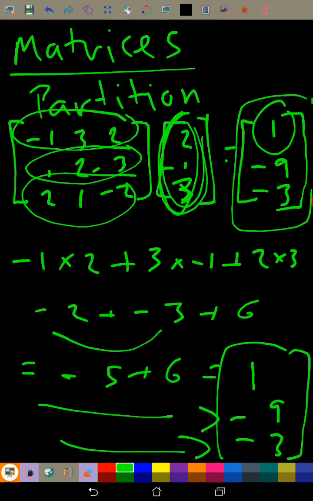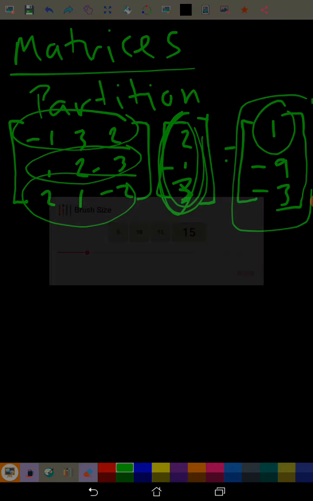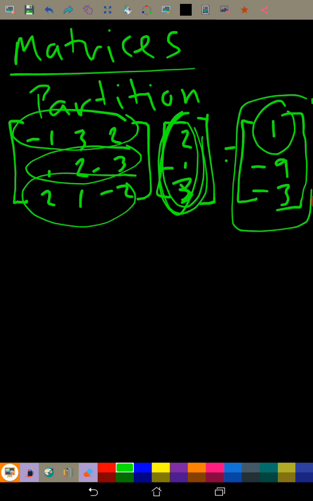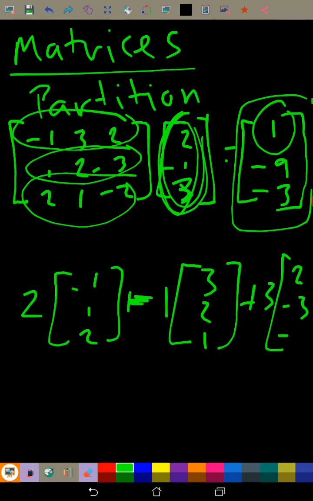Alright, so what's new here? What's new is that we can rewrite this. Remember, we had this linear combination. This is minus 1, 3, 2, 1, and 3, and then 2 minus 3 minus 2.